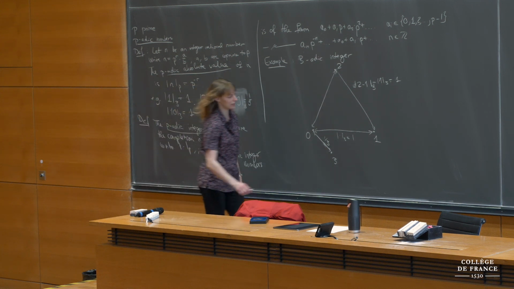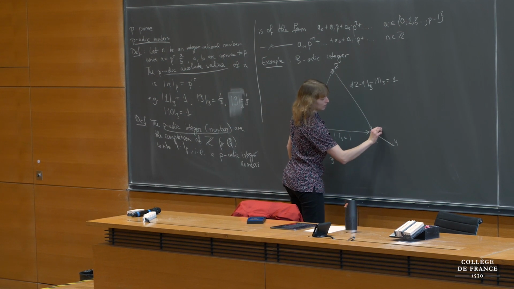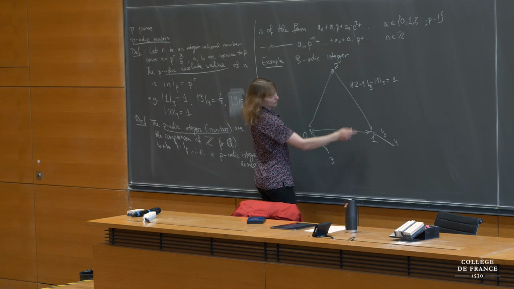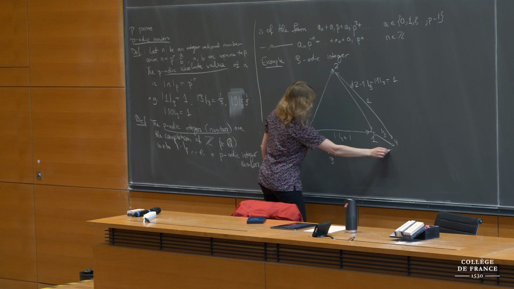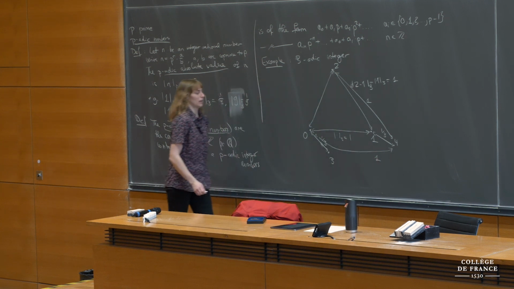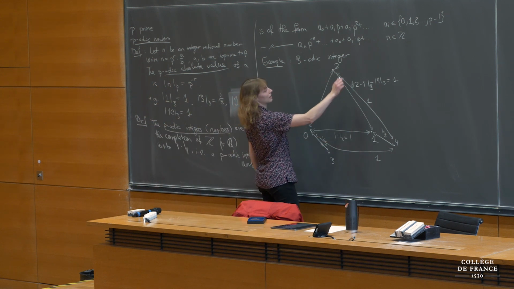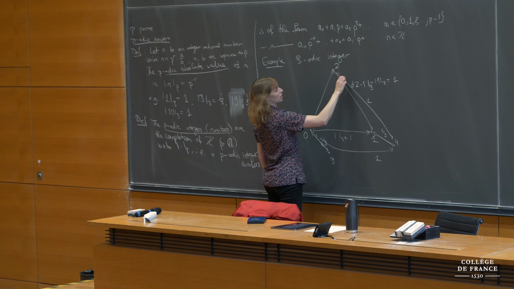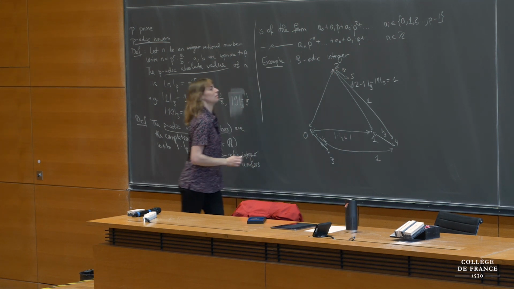Where is 4 located? It's somewhere located here. The distance to 1 is 1/3, and the distance to everything else, so to 2, for example, is still 1. So that means we can keep playing the game. 4, the next one is 5. 5 is somewhere located here, has distance 1/3 to 2.